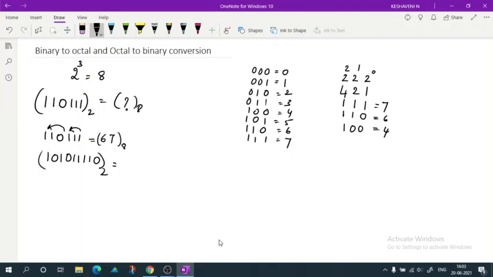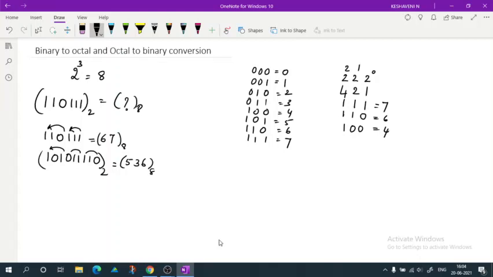Here you have to come from this side, so consider 3 bits, then again 3 bits, again 3 bits. Therefore, 101 is 5, 011 is 3, 110 is 6 in octal.